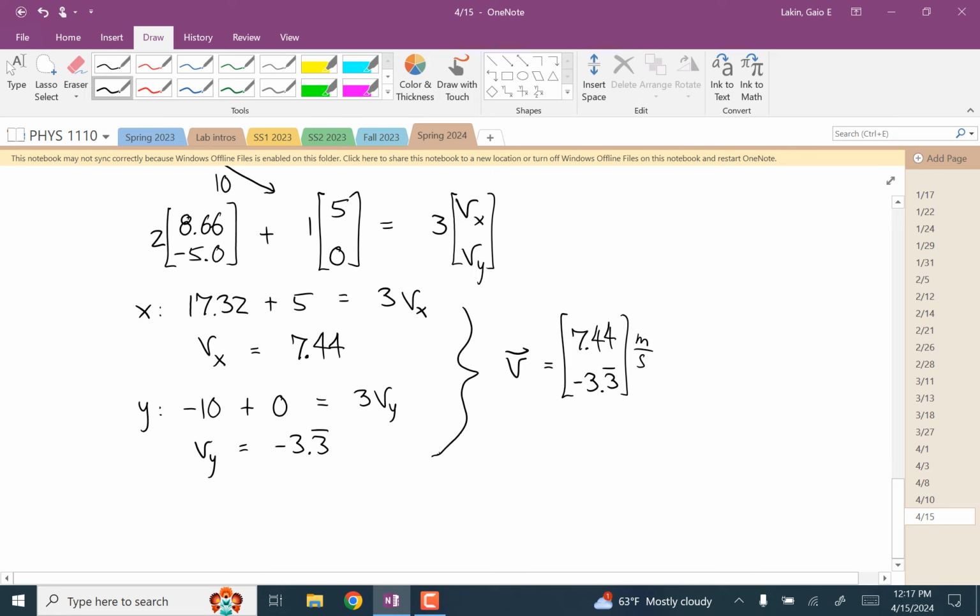And if you want to draw that, you can imagine this coordinate system. Plot that point, and it would be somewhere like this. Then that's the head of the vector when the tail is at the origin. Okay?